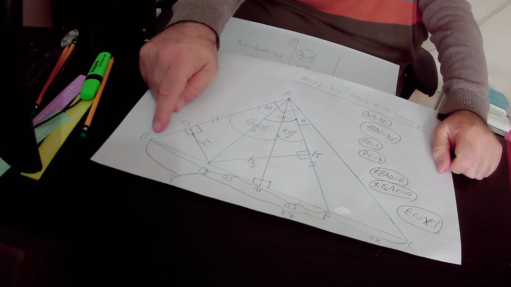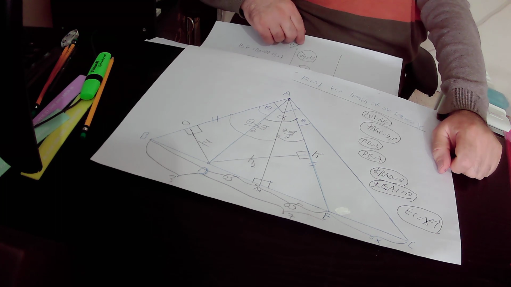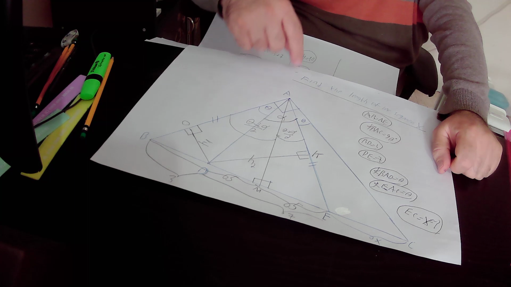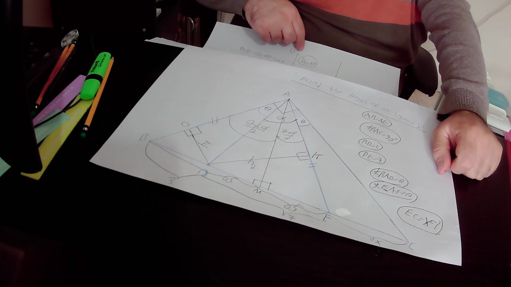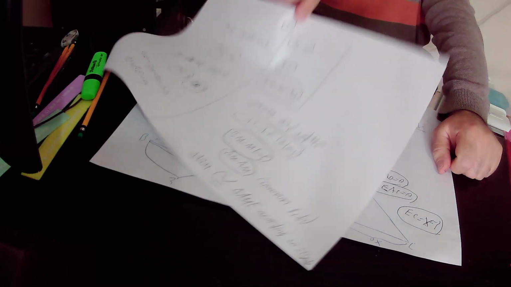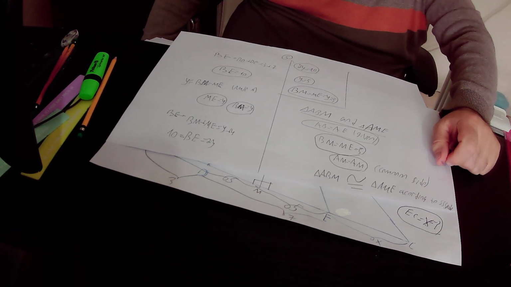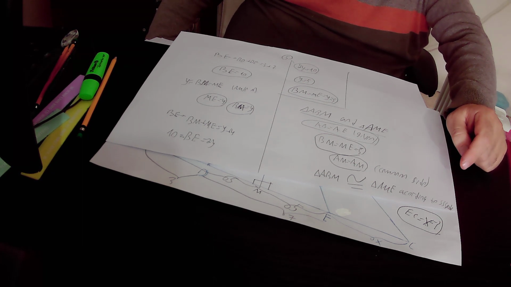We know that BM equals ME equals 5 units. That's what we have already found out according to rule number 1. And we know that AM equals itself. It is a common side, it belongs to both triangles. So we actually found out that triangle ABM can go into triangle AME according to the side rule.